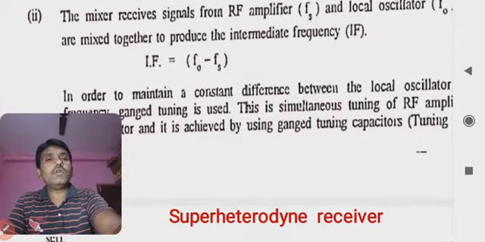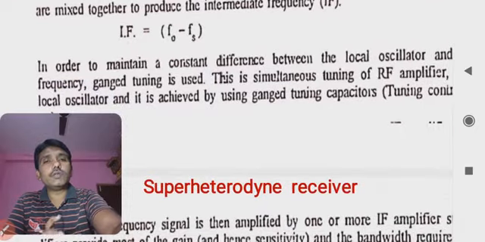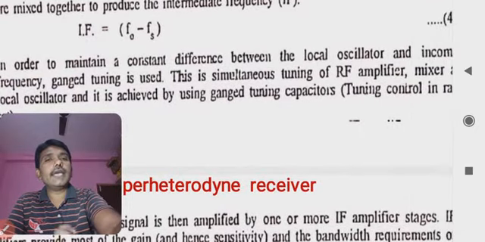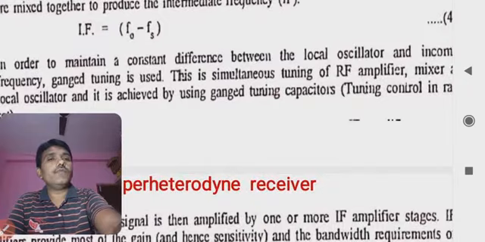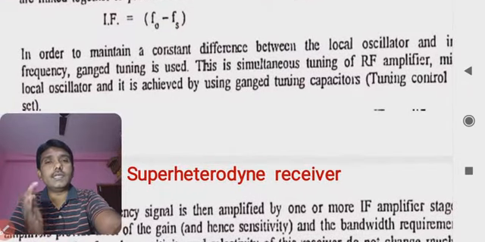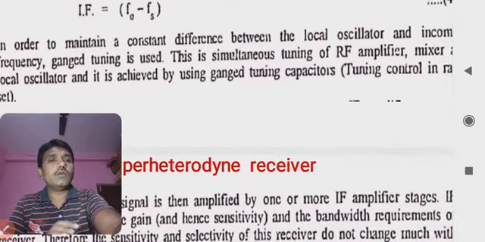Now in order to maintain the constant difference, the local oscillator is tuned, and ganged tuning is used. For the incoming signal, if the signal frequency is increased, accordingly the local oscillator is going to decrease its value, maintaining the constant frequency difference.